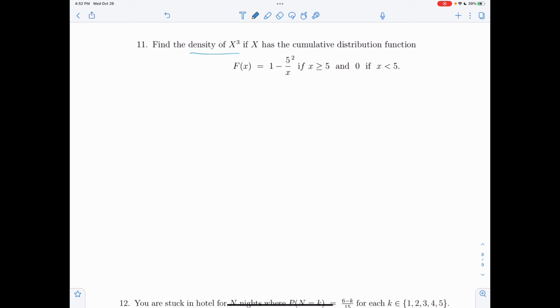So we don't know anything about x cubed, but we know something about x. So what we do is find the CDF of x cubed, then differentiate. That's a cumulative distribution function of x cubed and then differentiate.